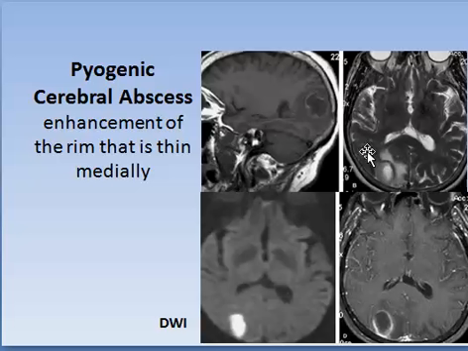Pyogenic cerebral abscess, seen as restricted diffusion, and the enhancement rim is thin medially but thicker towards the edge, towards the cortex.